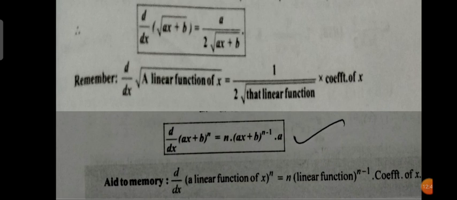Also, d by dx of ax plus b the whole raised to n, which is very important, is n into ax plus b the whole raised to n minus 1 into a. That is the derivative of a binomial function. Yes, that's very important.